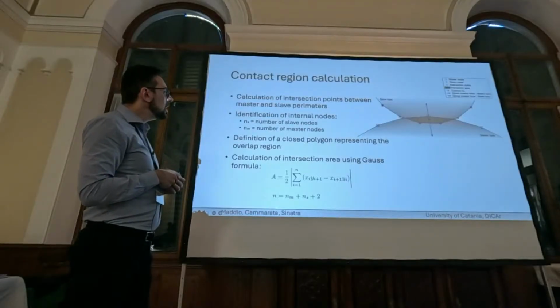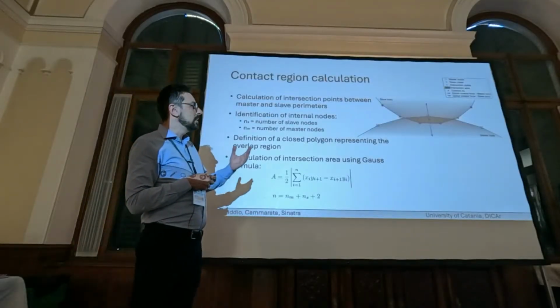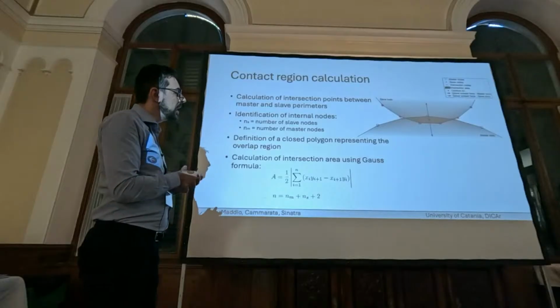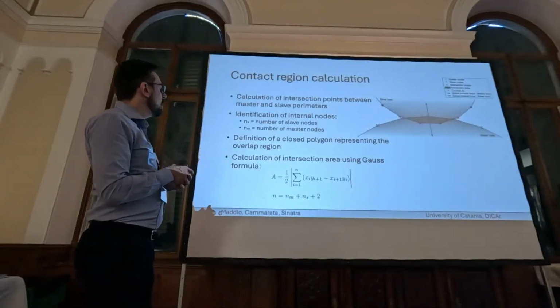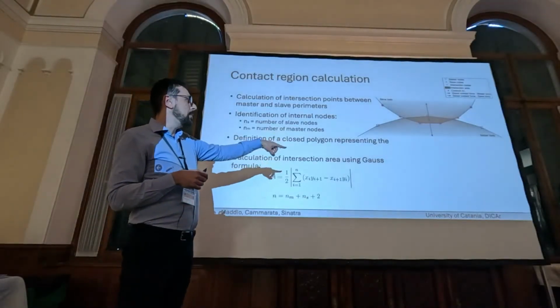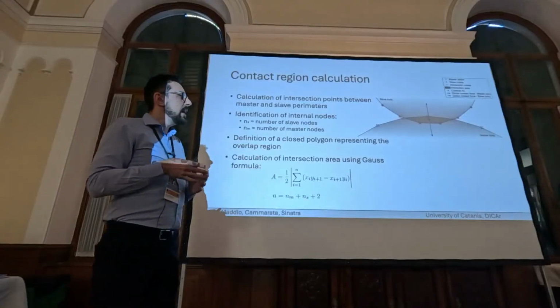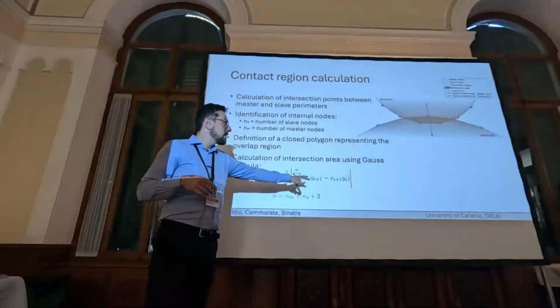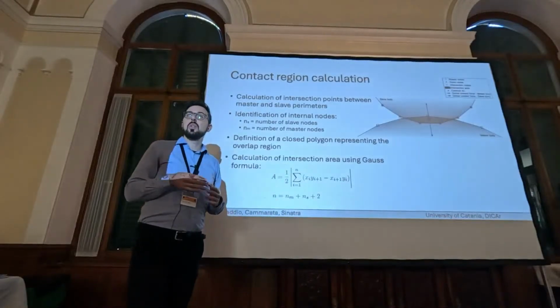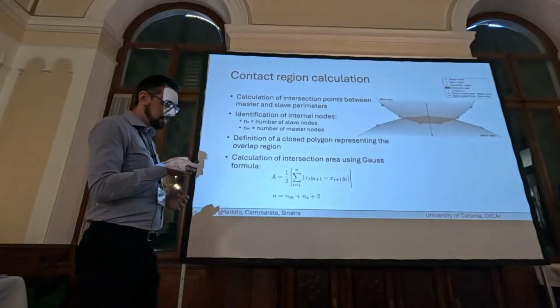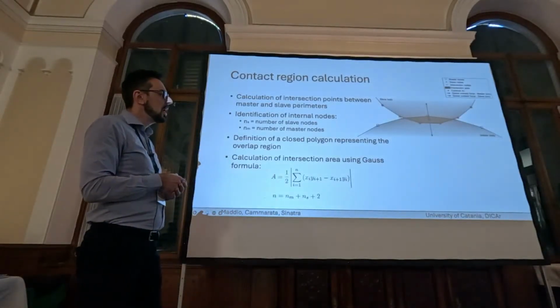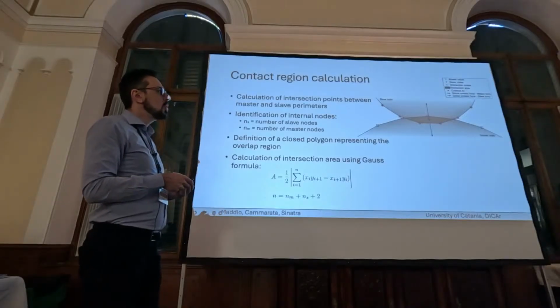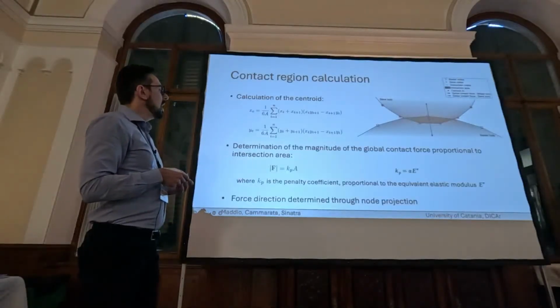Then we can determine the overlapping area by using the slave nodes, the master nodes, and also the two intersection nodes, in order to have a more accurate value of the overlapping area.